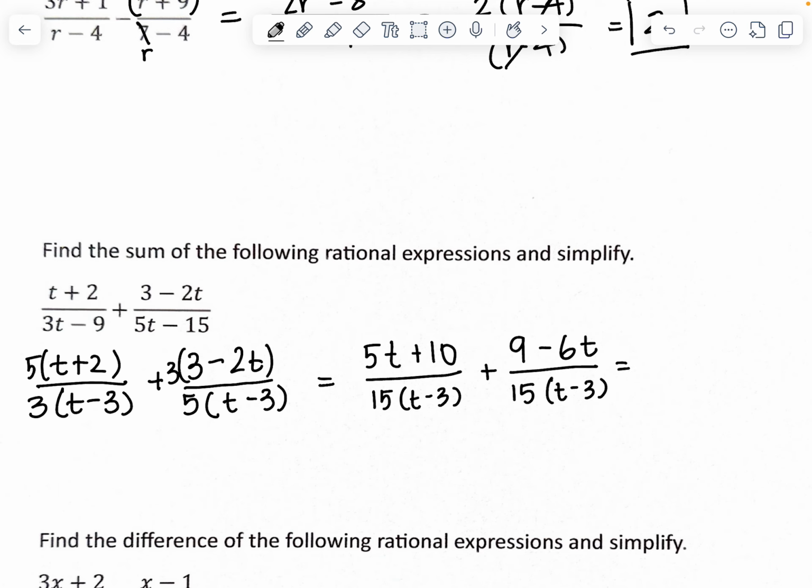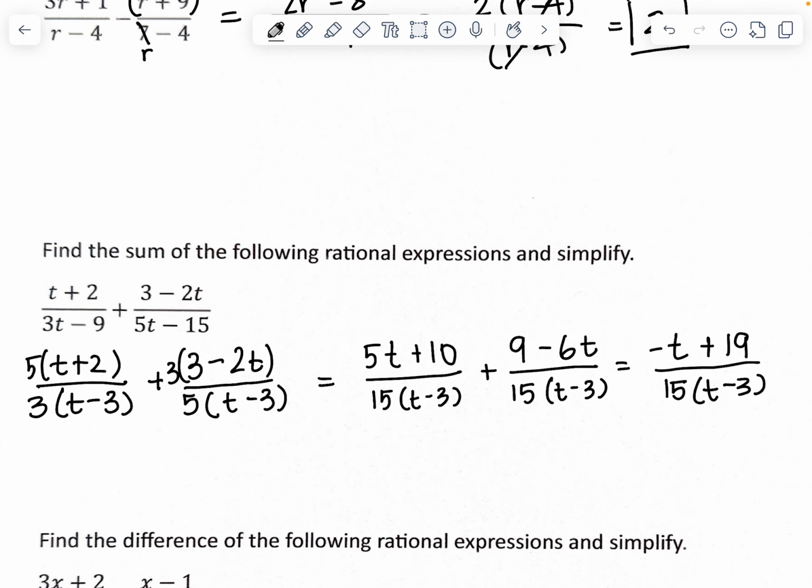All right, now we add like terms across the top. It's 5t plus negative 6t, so that leaves negative t. 9 plus 10 is 19. That's a prime number. All over 15t minus 3.